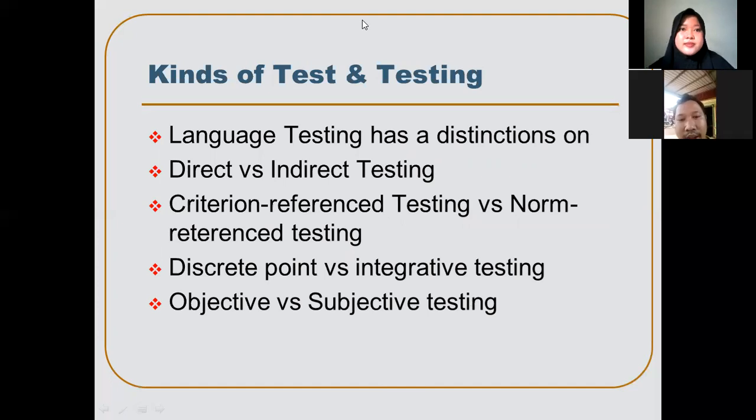So right now, let me share my point regarding the types of tests.